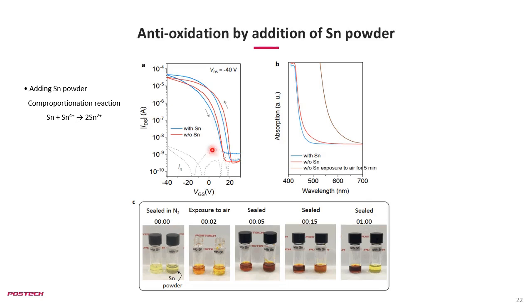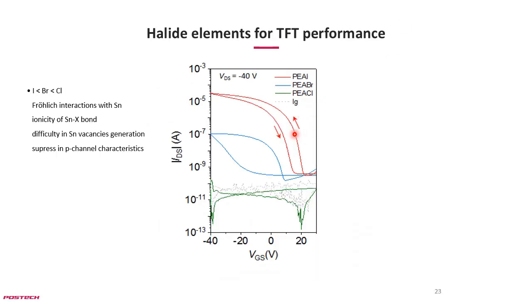Therefore, by adding tin powder the solution remains yellow and is not oxidized, but without tin powder it is easily oxidized, even in a sealed vial. And for the halide effect, iodide shows the best mobility compared with bromide and chloride.